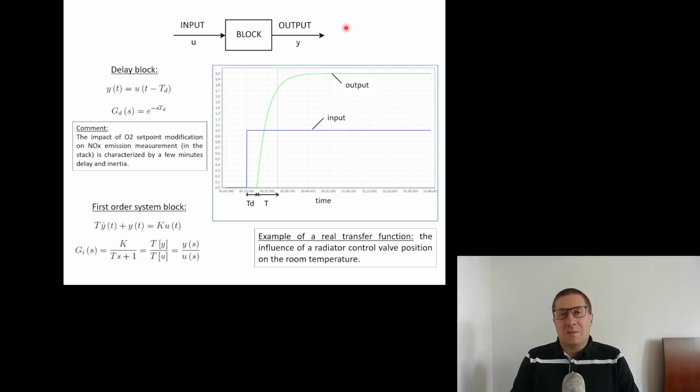So let's take an example. If I'm sitting in the room and I have a radiator in my room, let's say I'm sitting 2 meters from this radiator. If I change the input, so I change the valve associated with the radiator, I open it. So it was closed, then I open it. I will not see the instant reaction of the temperature on the sensor that I have in my hand, right?